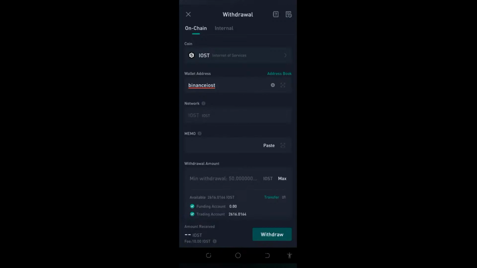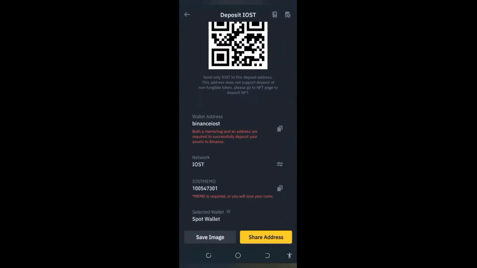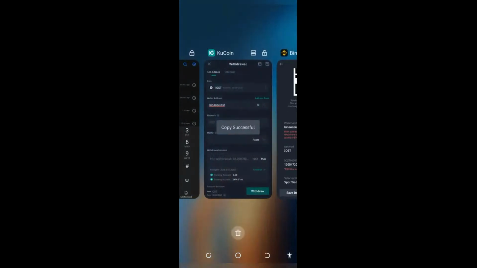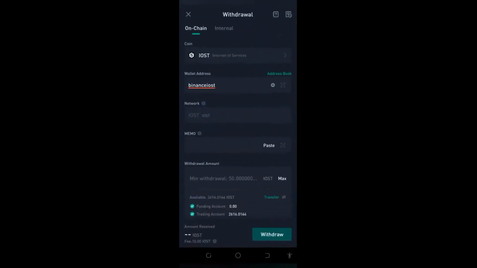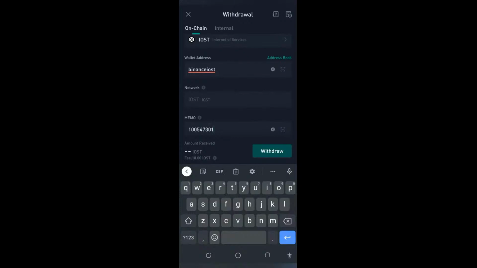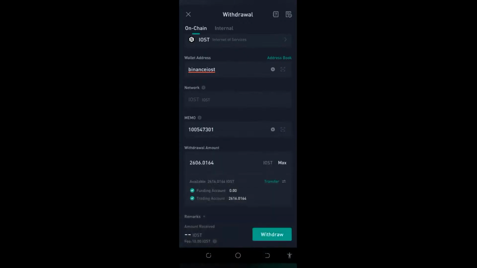Binance IOST. Okay, then we get the memo. Where's the memo? IOST memo. All right, so we get the memo, get back in there and paste the memo. Good. So it looks like everything is going on well. Then we pick max.